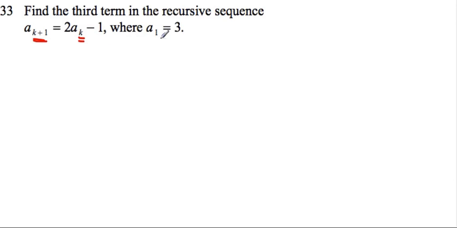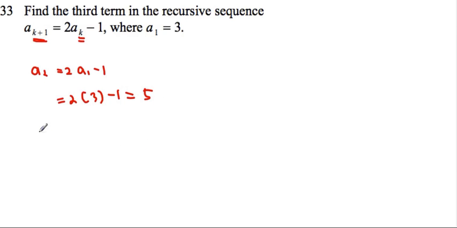Since the given term is the first term, we should be able to get the second term based upon this formula. So a sub 2 is equal to 2 times a sub 1 minus 1. You see this one is 1 greater than this one, 2 and 1. Then that's equal to 2 times, what is a sub 1? That's equal to 3 based upon the given, minus 1. Then 2 times 3 becomes 6 minus 1 becomes 5. So we realize that a sub 2 is equal to 5.